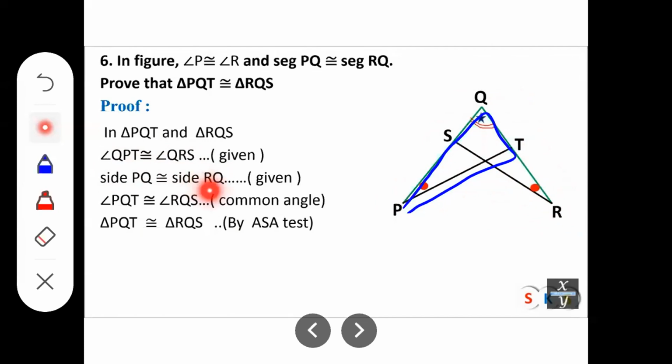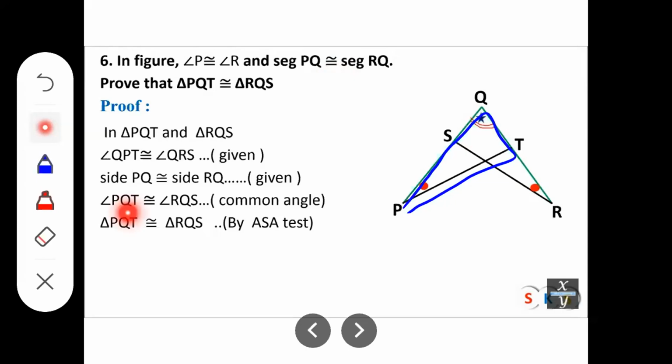Now another that is already given, let's take it also. Segment PQ is congruent to segment RQ. Here the reason is also given. And angle Q is common in both the triangles.